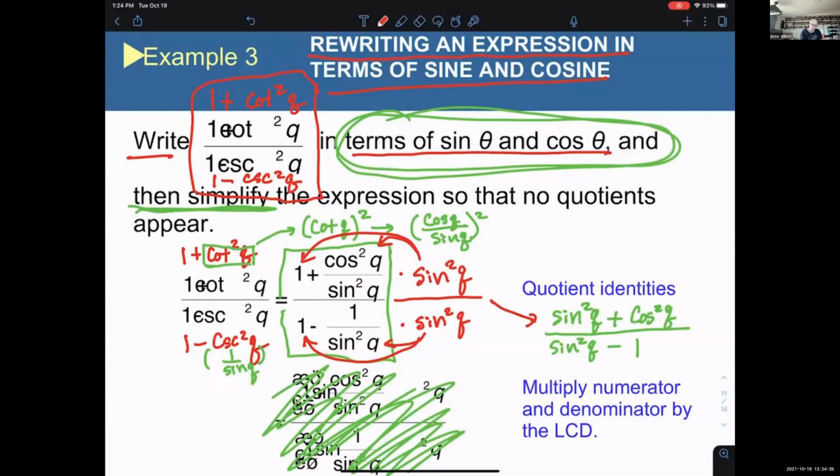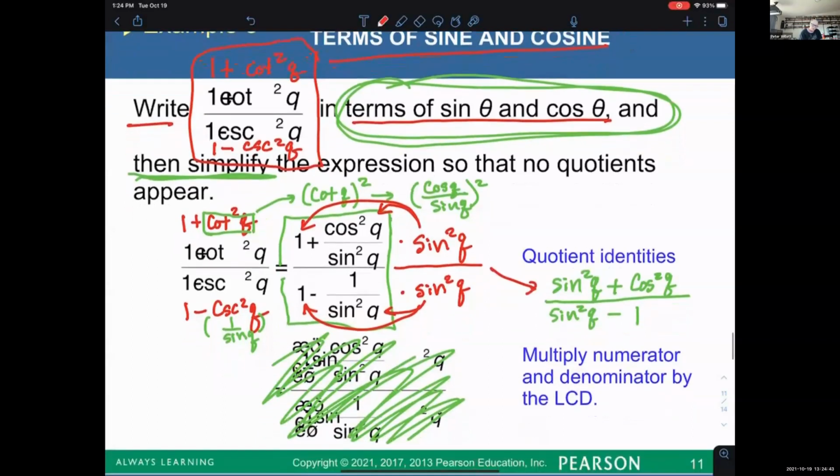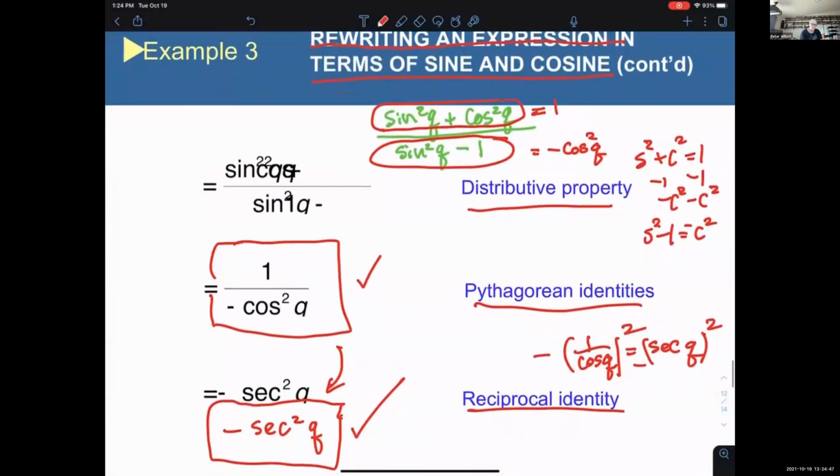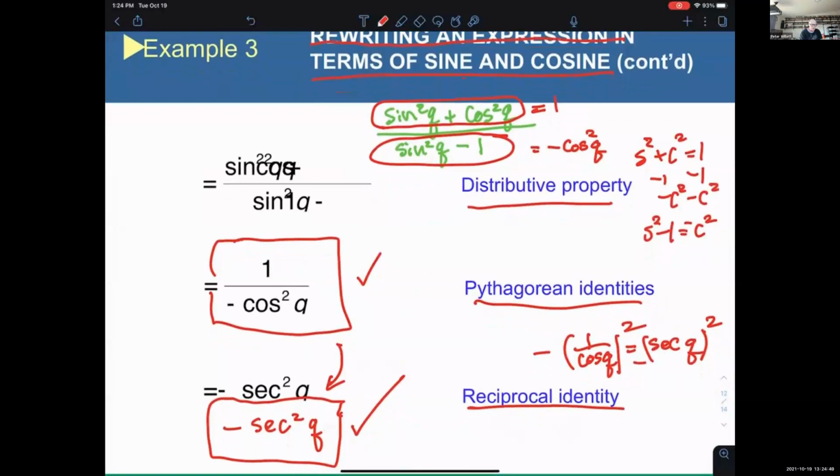So then we used algebra tactics to simplify the fraction by clearing out the small denominators in the little fractions first. Then we used more trig identities to simplify the fraction that remained. And then in the very end, the final fraction could be eliminated by using a reciprocal identity and getting it all to be negative secant squared q.